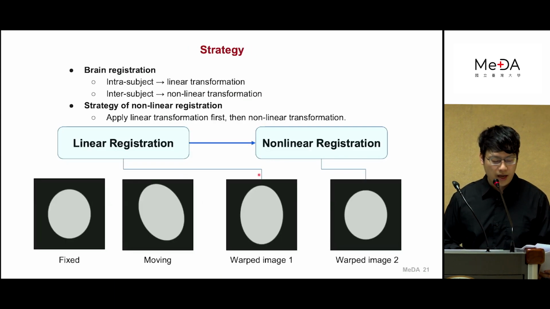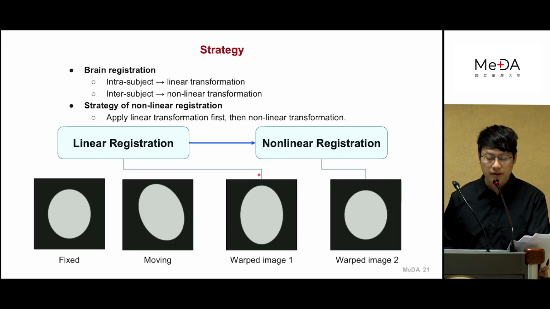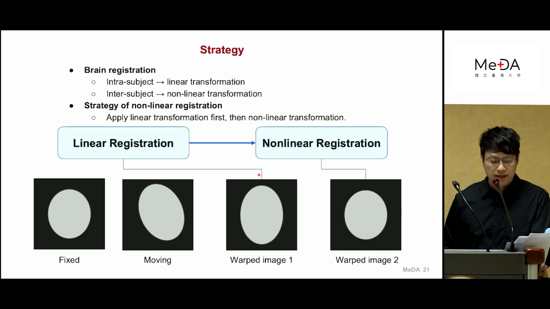Okay, now we have discussed both linear and nonlinear transformations, but when should we apply linear transformation? And when is nonlinear transformation more appropriate? In brain images, for intra-subject registration, linear transformation is often suitable.